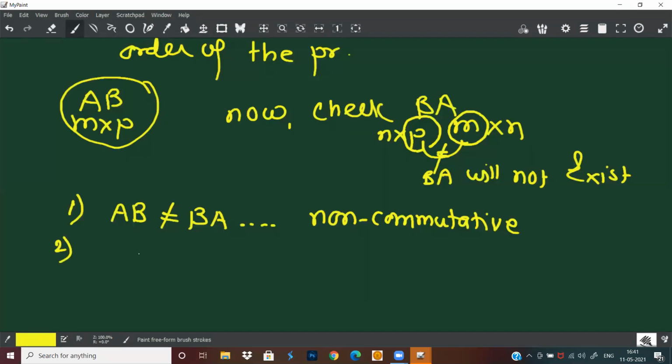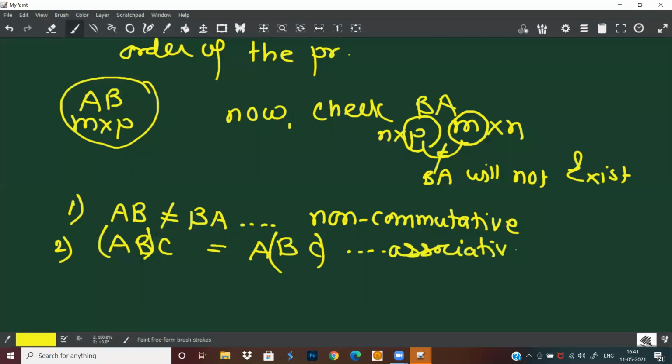But matrix multiplication is associative. If I want to multiply three matrices, I can multiply AB into C, or I can multiply A into BC. So it is associative. But instead of ABC I cannot write BAC.